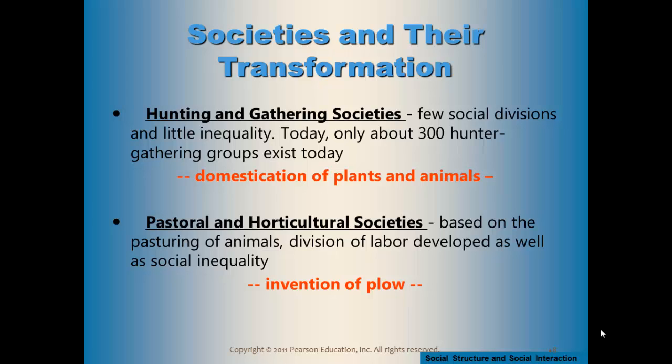When we look at societies throughout history, societies have transformed because of the introduction of something new into the world, essentially an innovation or an invention. If we go back to prehistoric days, our societies were hunters and gatherers. Think about the cave people.